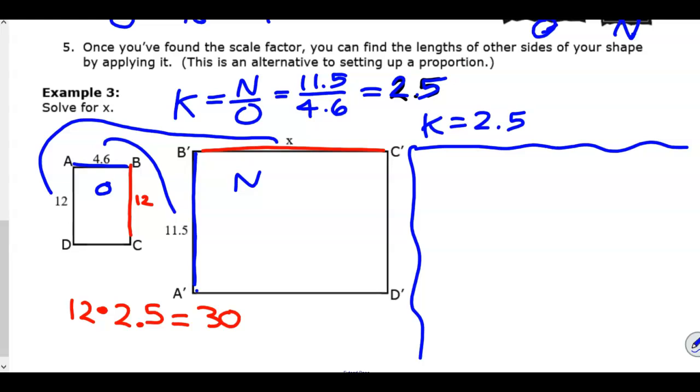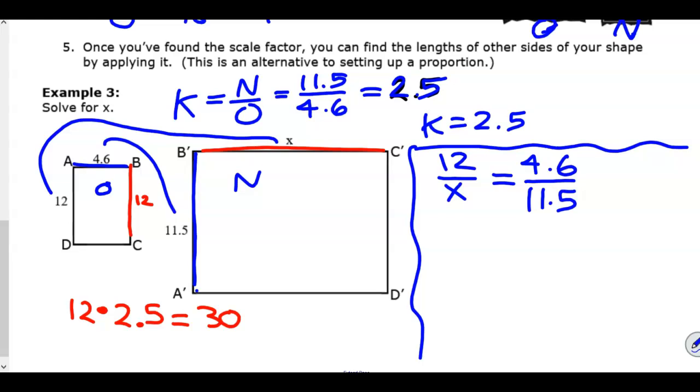Let's do this. So 12 goes with x. Let's make that a fraction. 12 over x equals, and then 4.6 goes with 11.5. So can you set those equal, cross multiply and divide? We've done it before this school year.